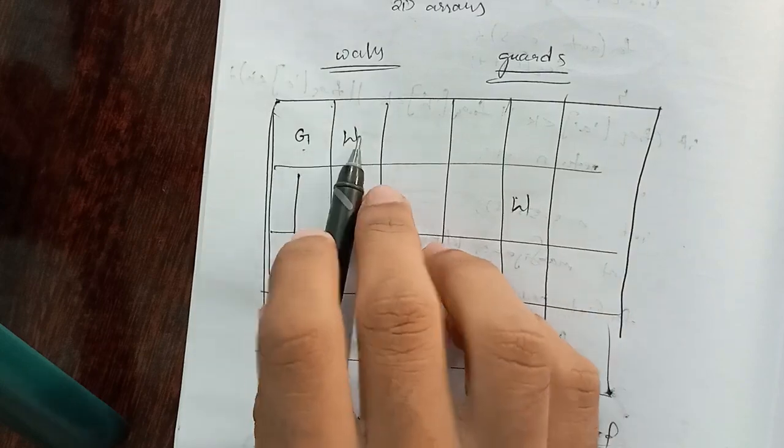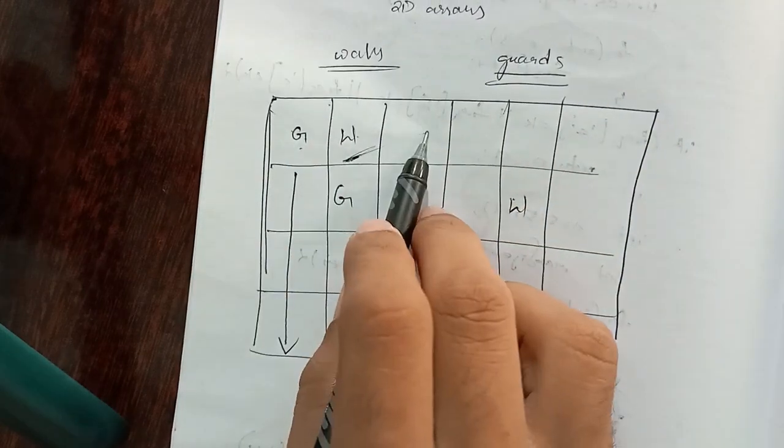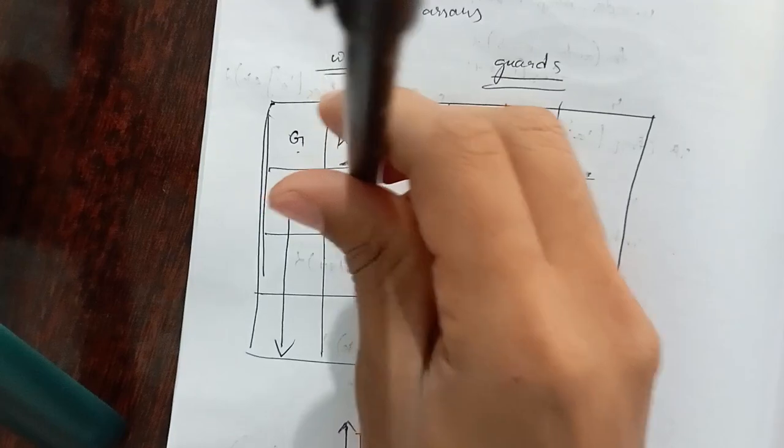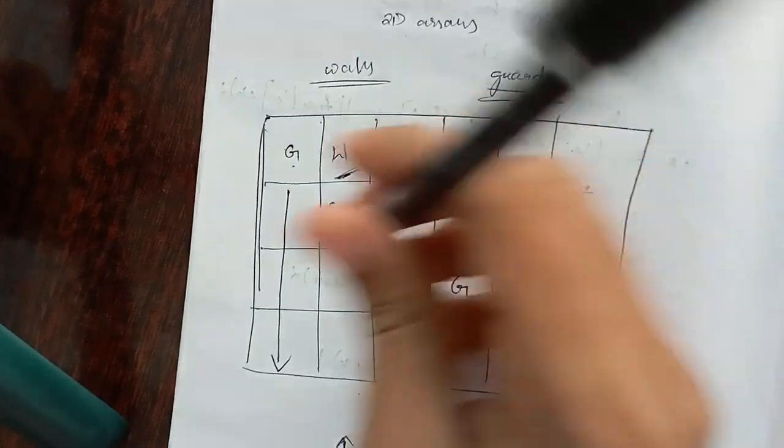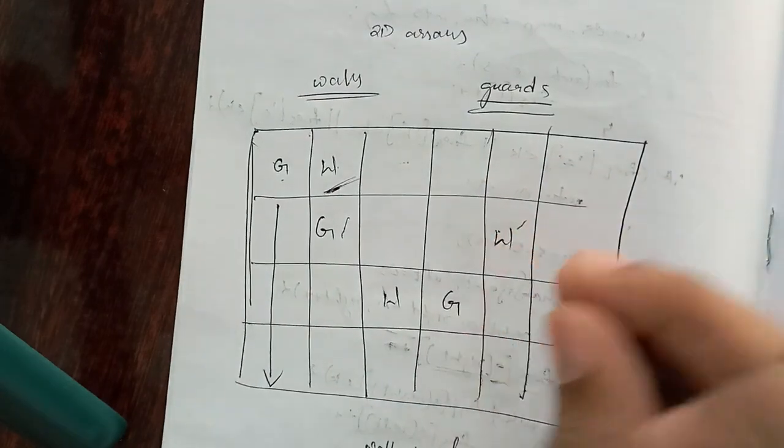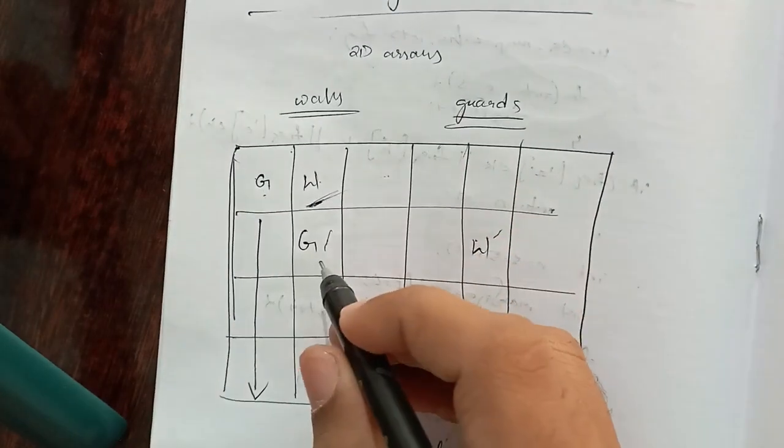If there is a wall obstacle, he cannot see further, so he cannot guard what is behind the wall, so it is not secured.